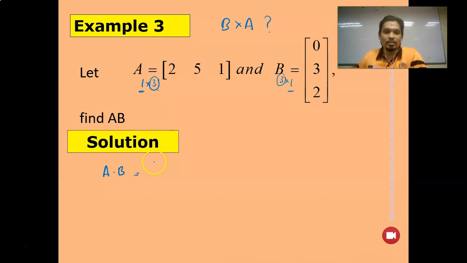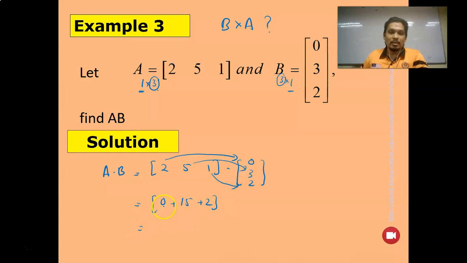Okay, so then 2, 5, 1 multiplied with 0, 3, 2. So 2 times 0 equal to 0, plus 5 times 3 equal to 15, and 1 times 2 equal to 2.